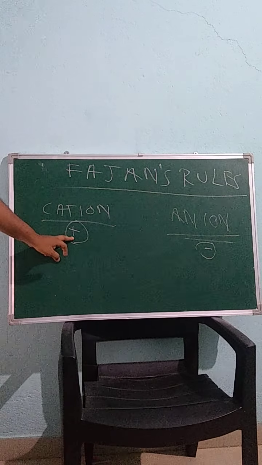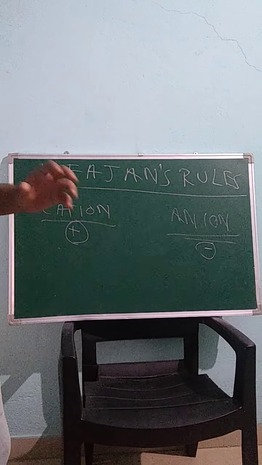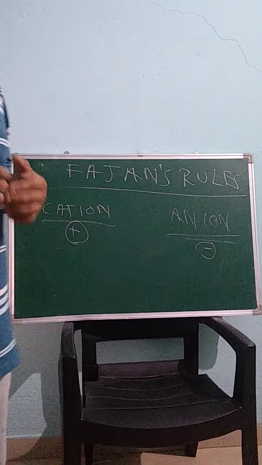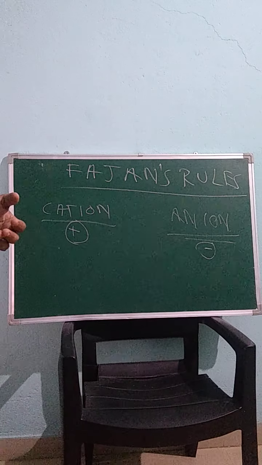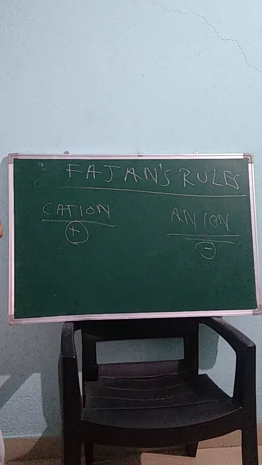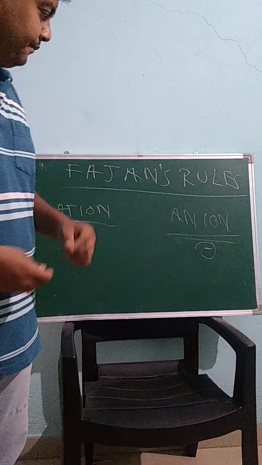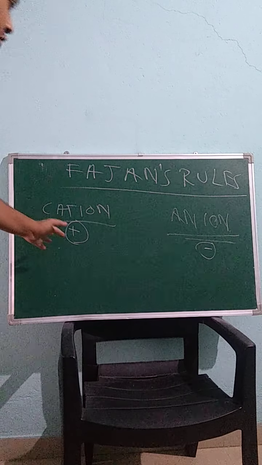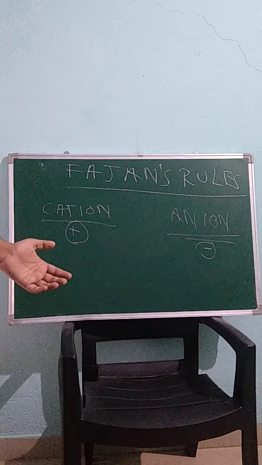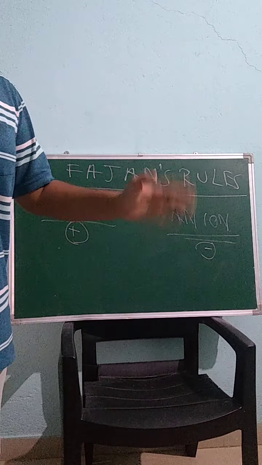Positively charged means there is a deficiency of electrons. If I say this particular atom is a cation, it means that atom has donated the electron to the other atom. The atom which receives the electron is called an anion, because it now has one more extra electron which it got from the cation. Please be very clear about these two terminologies, as sometimes you may get confused. Just remember that cation means positive ion, anion means negative ion.